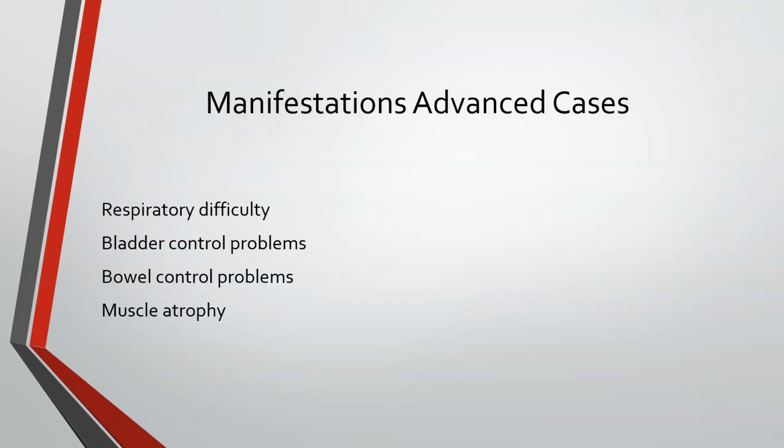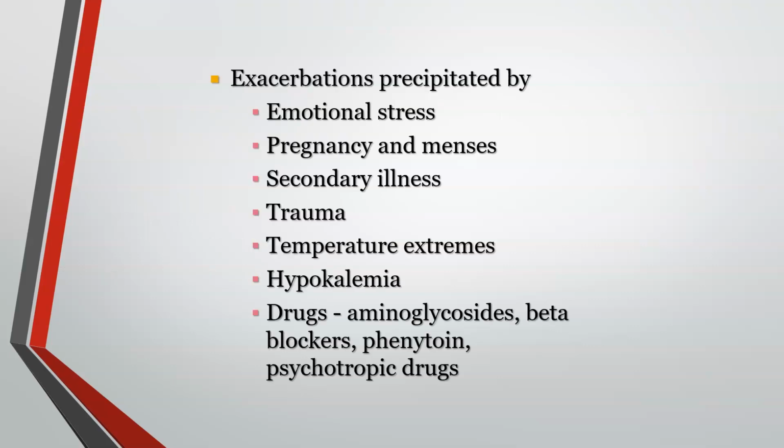The more advanced the MG, the more likely you're going to have these types of difficulties, and that's your respiratory, your bladder control, your bowel control, and muscle atrophy. Now, these are concerns that would actually exacerbate the disease process.